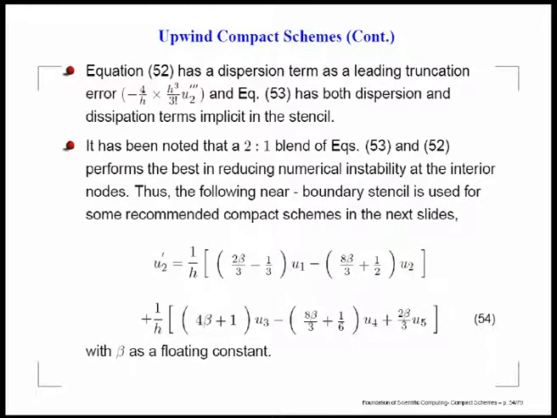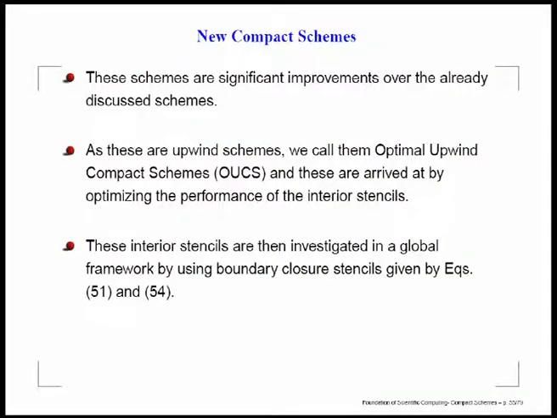It may look unusual, but this is explained here, that we add a dispersion term and then it also has dissipation. So what we do is we blend two of those terms to get this explicit scheme with beta as a control parameter. We choose beta in such a way that the overall scheme comes out to be good. Now, we do not make a lot of claim, but the point is we diagnose the problem.